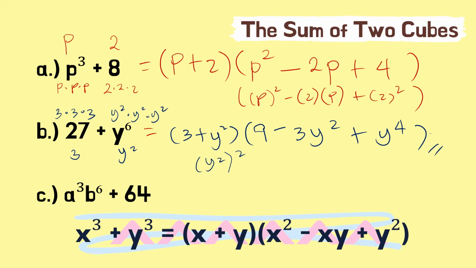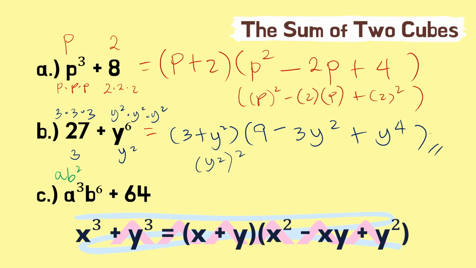And for the last example, ma'am, paano to? There are two variables. It's okay as long as these variables have an exponent which is divisible by 3. And yes, 3 and 6 are divisible by 3. Therefore, this is the product of ab squared used as a factor 3 times.